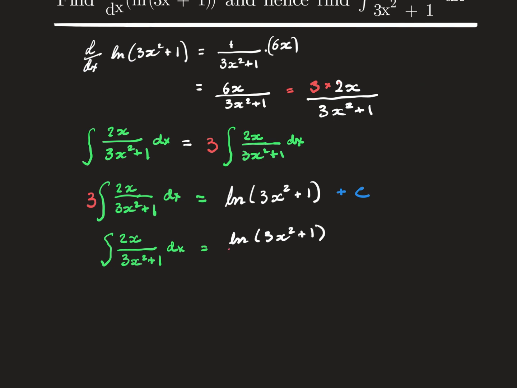So that will become over 3. Now, there is no point in dividing the c with 3 because it's just a constant, which will be just another constant. It would be even tidier, I think, if we just write down a third.